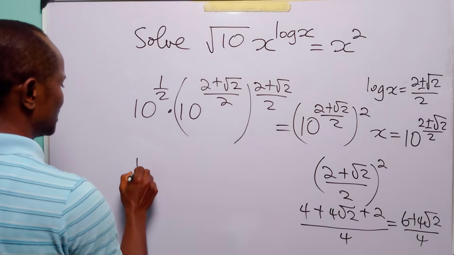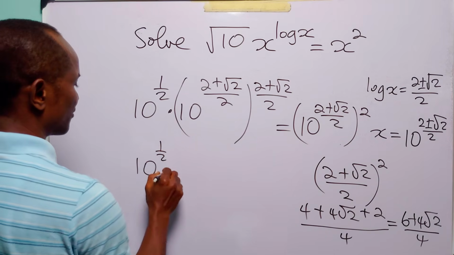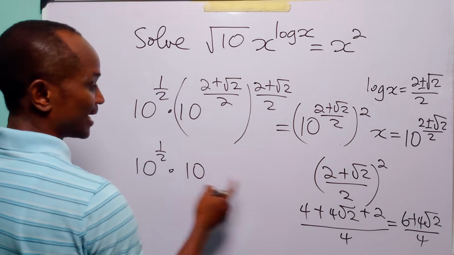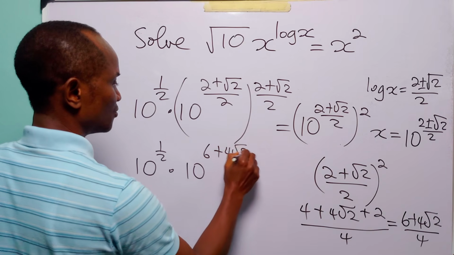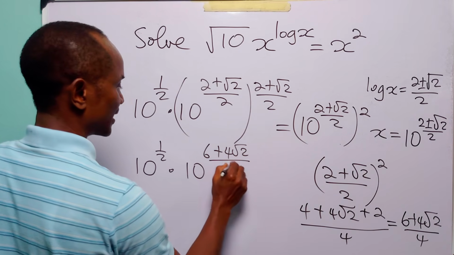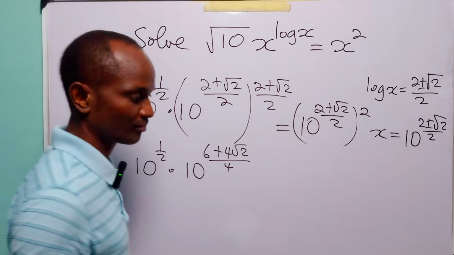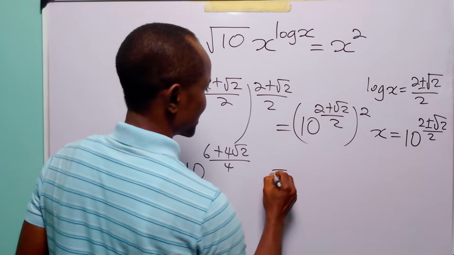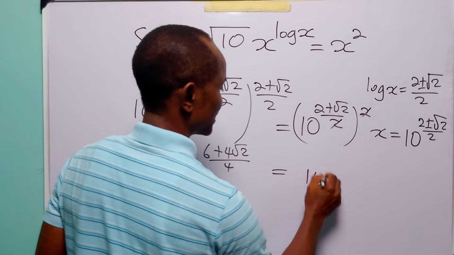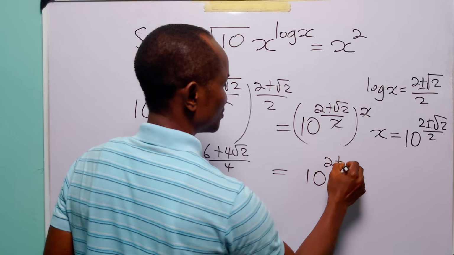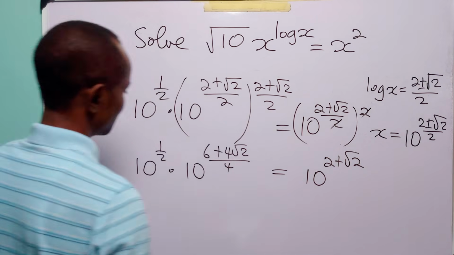So here we have 10 to the power half multiplied by 10 to the power 6 plus 4 root 2 divided by 4. And on the right hand side, this is simply going to cancel that, leaving us with 10 to the power 2 plus root 2.